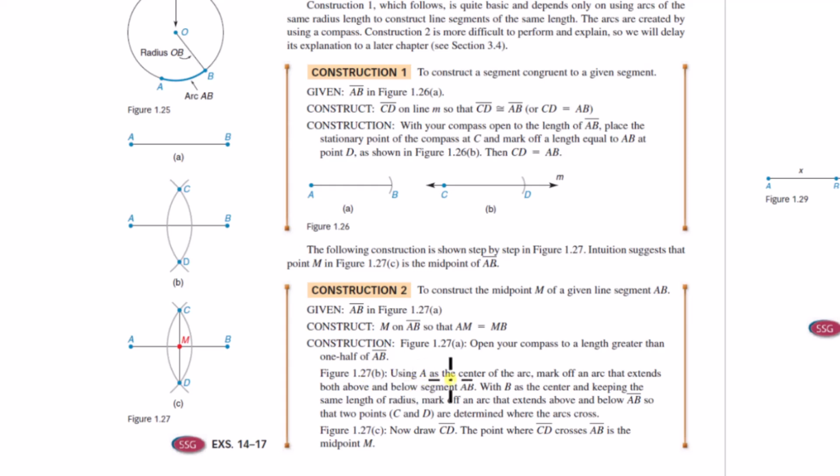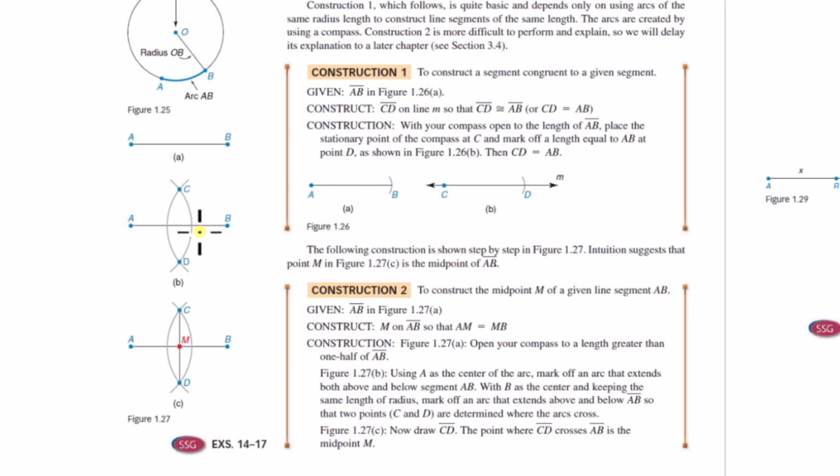Now using A as the center of the arc, mark off an arc that extends both above and below segment AB. So you fix the center at A, and then draw this arc. Because we made the radius bigger than half the length of AB, you can draw that arc.